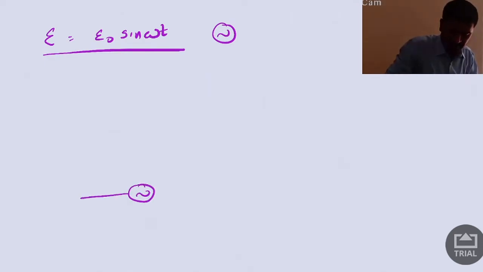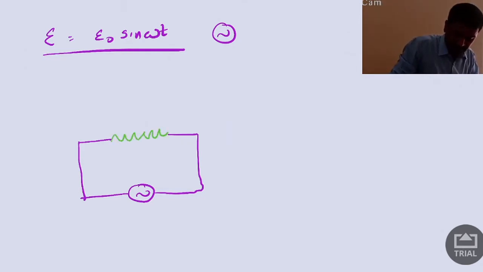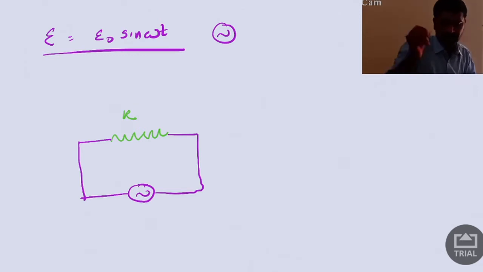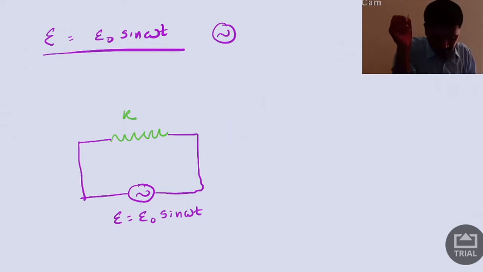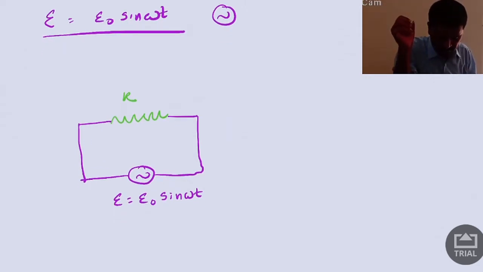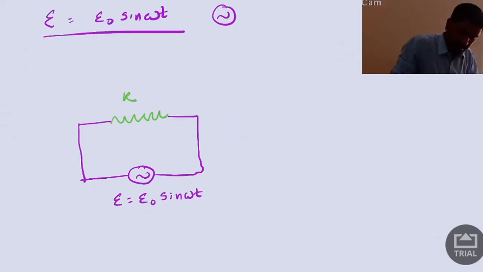The resistance of the resistor is, let's say, R. The supply here is E equals E0 sin omega t. When you connect a source to the resistor, you see some current in the circuit. Let us say I is the current.